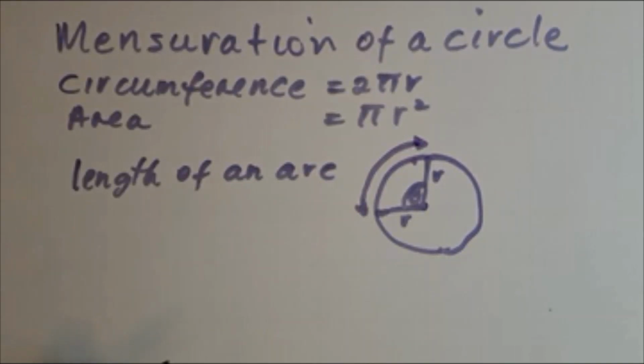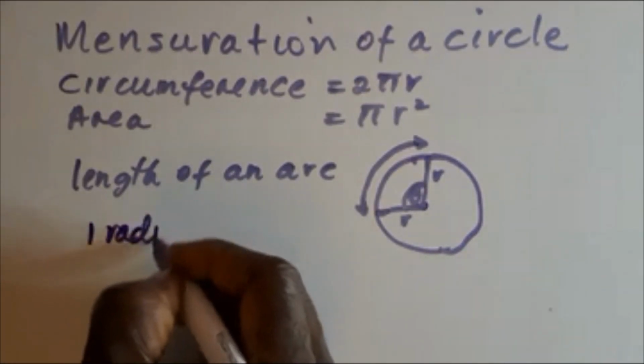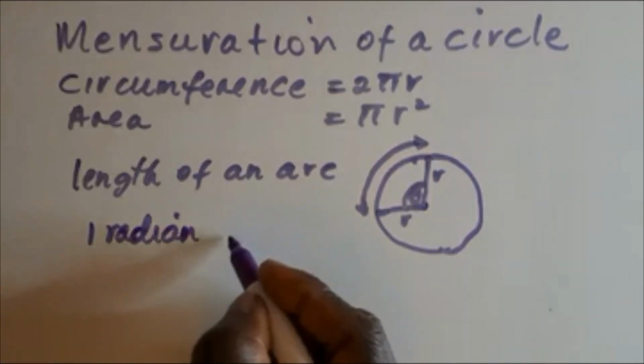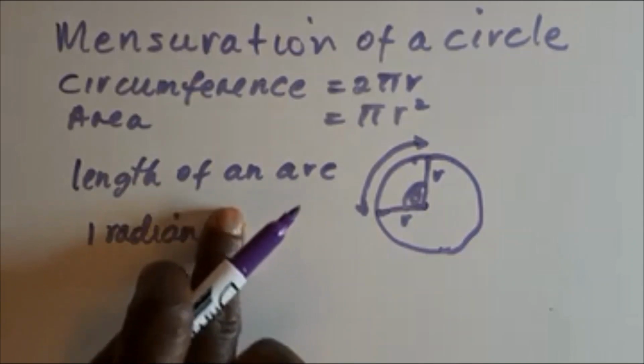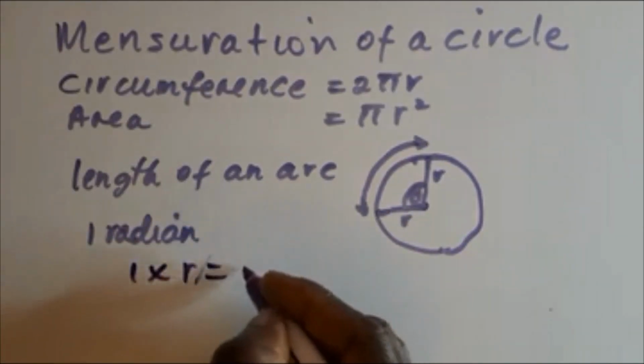Now an arc, and this is based on the definition of a radian, it's an arc that subtends 1 radian at the center, and its length is r. So the length of the arc in this case would be 1 times r, which is r.